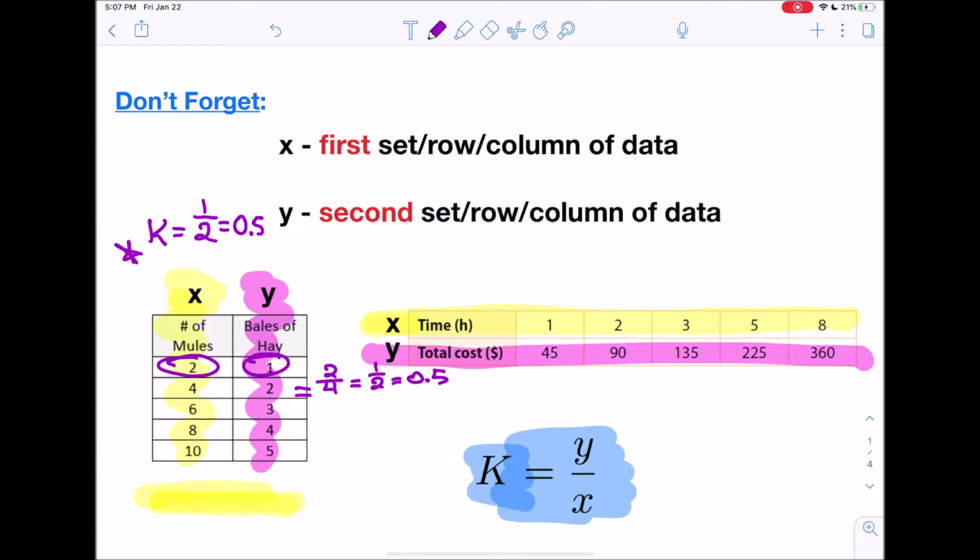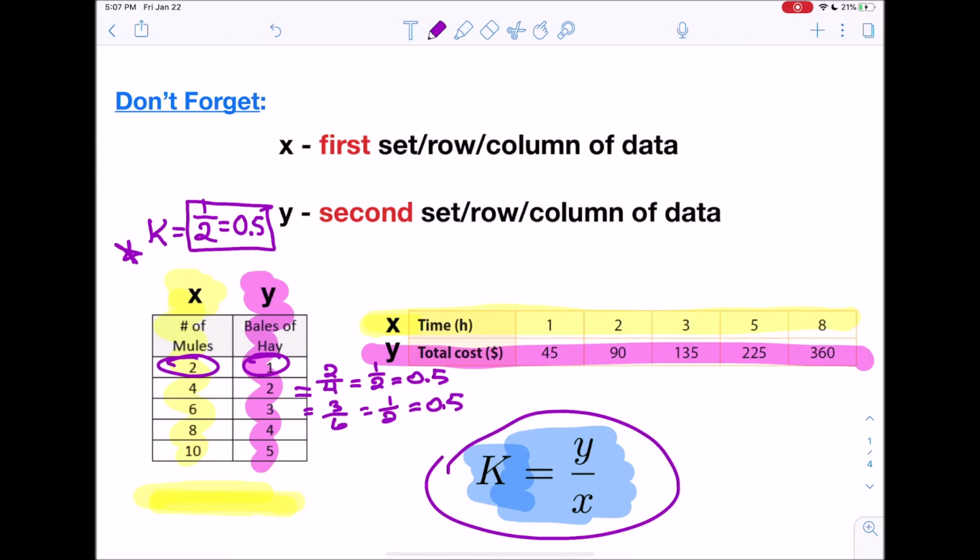The next one is 3 divided by 6, which is 1 over 2, and once again, 0.5 or a half, and so on and so forth. Okay, so that means a half or 0.5 is our unit rate. So we definitely want to remember how to find the unit rate.